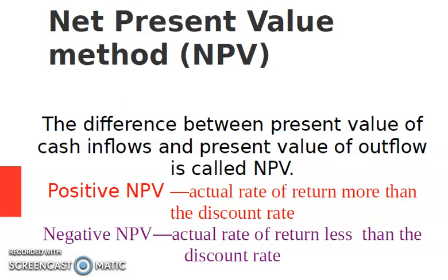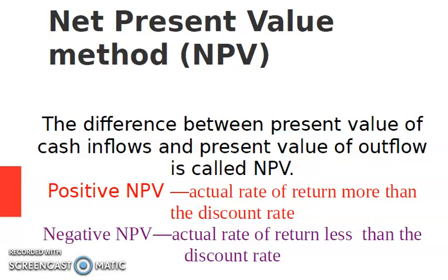It is actually the rate of return desired by the investor, or the minimum rate of return required for the investor to take up the project. And this minimum rate of return is called the cost of capital. In short, we can say that the discount rate is the company's cost of capital. And what does this NPV represent?